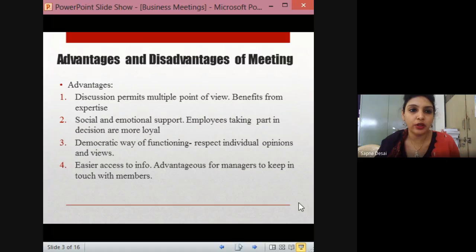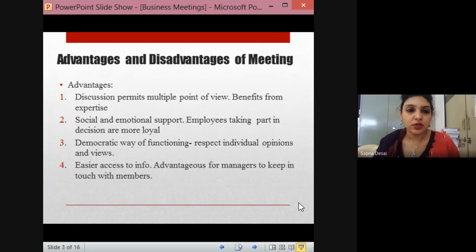So the third advantage of conducting a meeting is that instead of one person sitting in a cabin and ruling in an autocratic manner, calling a meeting and discussing the problem with the employees inspires a democratic way of functioning, where each member can put forward their own opinion and views, and in this way, a kind of democracy is established.